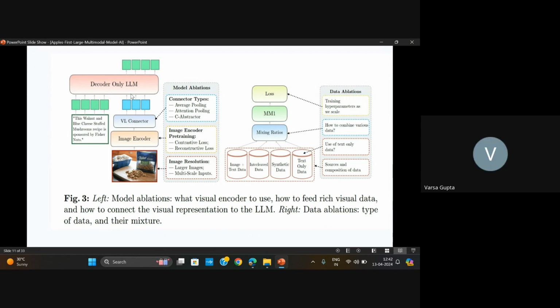LLaVA has achieved state-of-the-art accuracy on science question answering. But this MM1 is able to perform various things.